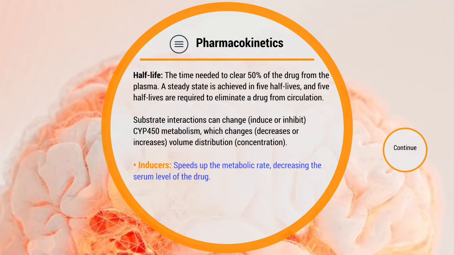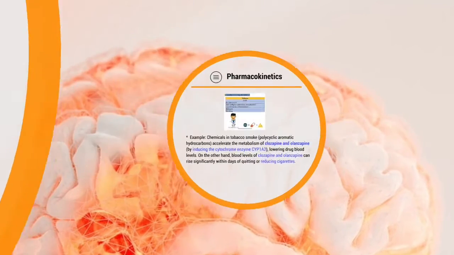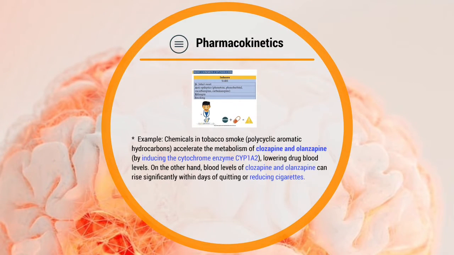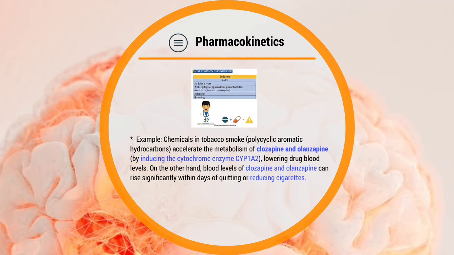So, what is your action? Your action is to bring the patient to a therapeutic level. So, here, for example, right, we have the chemicals in tobacco smoke, okay? Which accelerate the metabolism of clozapine and olanzapine. And that's by inducing the cytochrome P450 1A2.